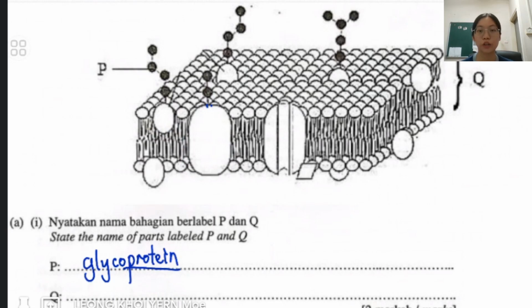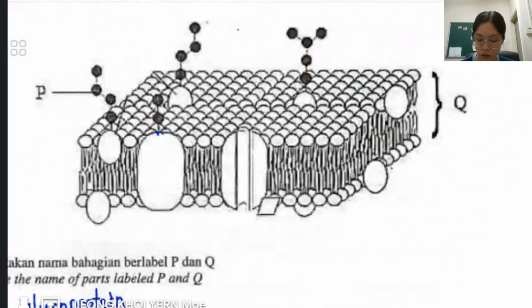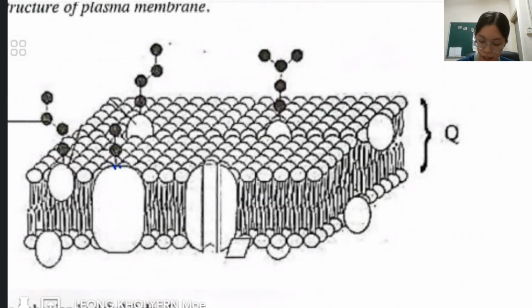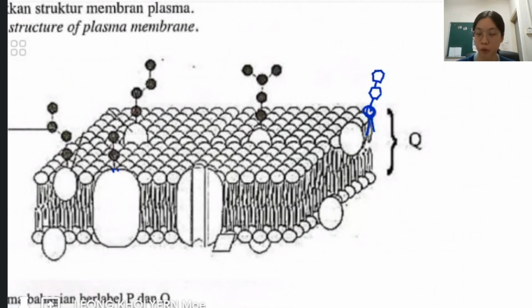Some students don't know how to differentiate between glycoprotein and glycolipid. So what if there's a carbohydrate chain attached to the hydrophilic head? This is a hydrophilic head, or you can say polar head.